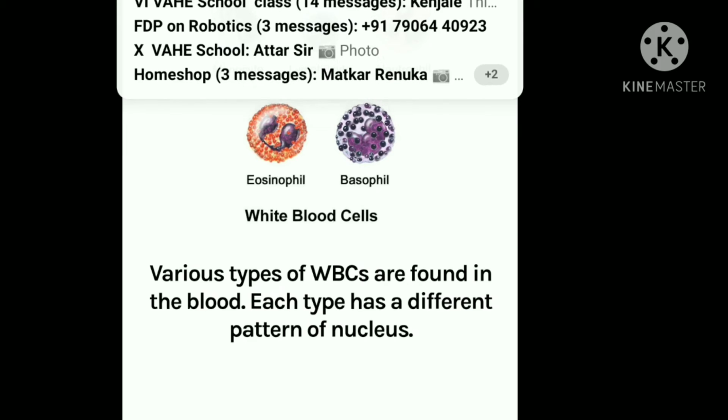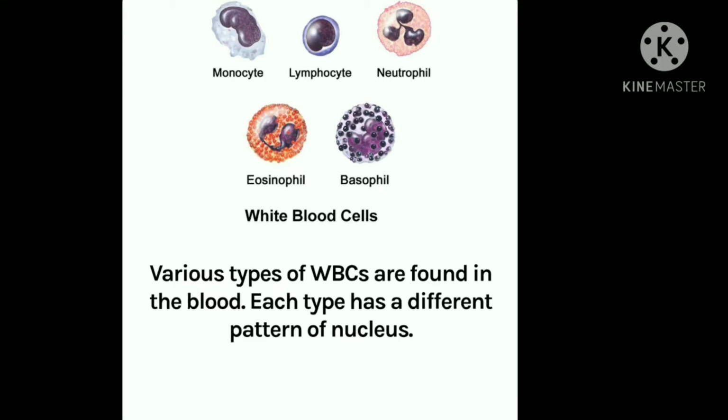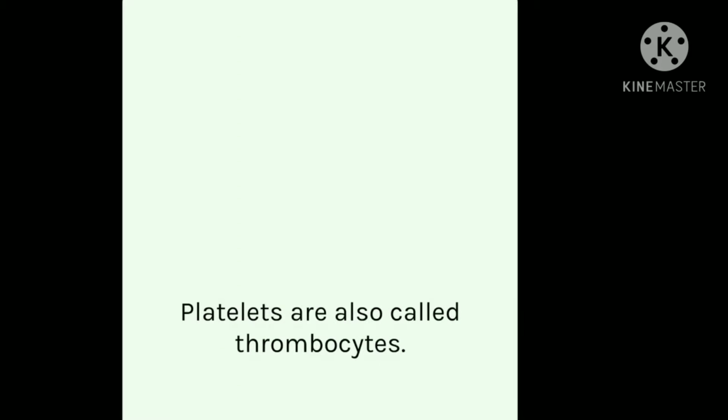Various types of WBCs are found in the blood. Each type has a different pattern of nucleus. Somewhere there is only one nucleus, somewhere many nuclei, somewhere two nuclei. So there is a different pattern of the nucleus.